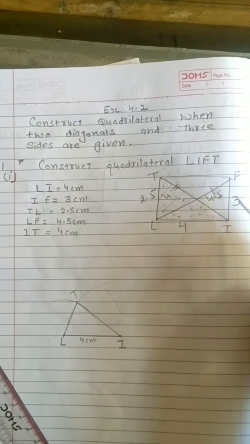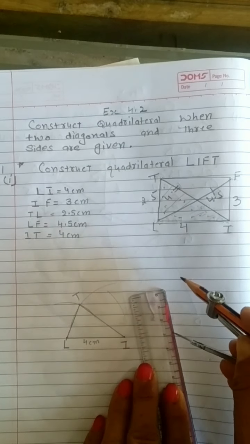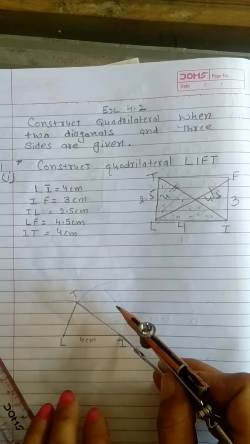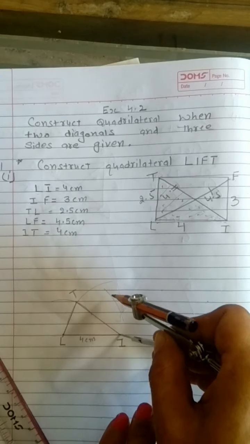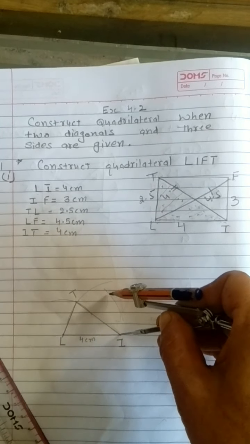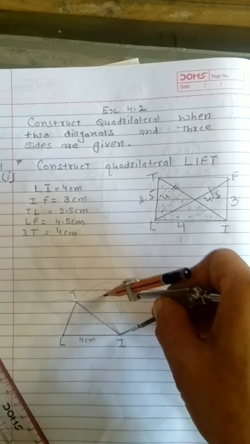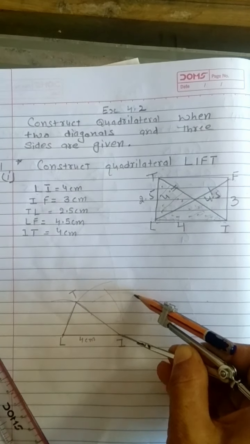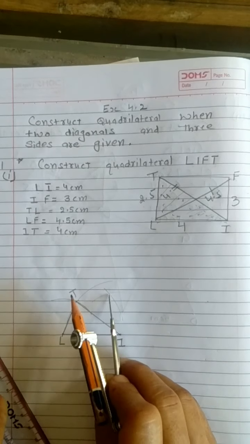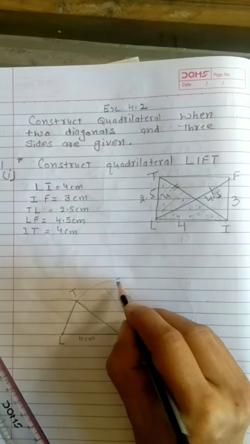Now F is 3 cm away from I. So with the help of a compass, it's 3 cm. With I as the center and radius 3 cm, draw another arc because we have to locate point F, and point F is somewhere on this arc. So with I as the center, radius 3 cm, draw another arc which intersects the arc of the previous step at point F.